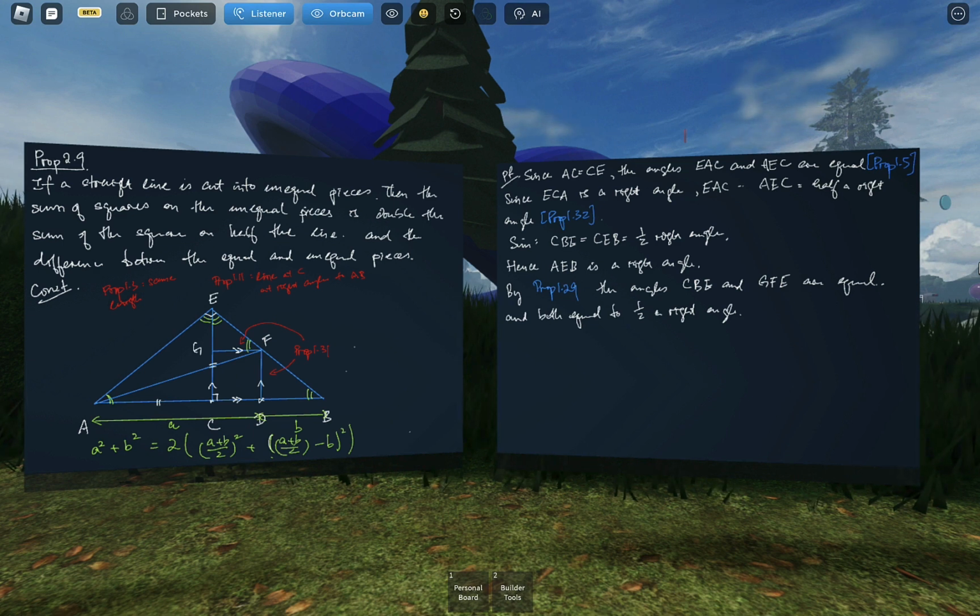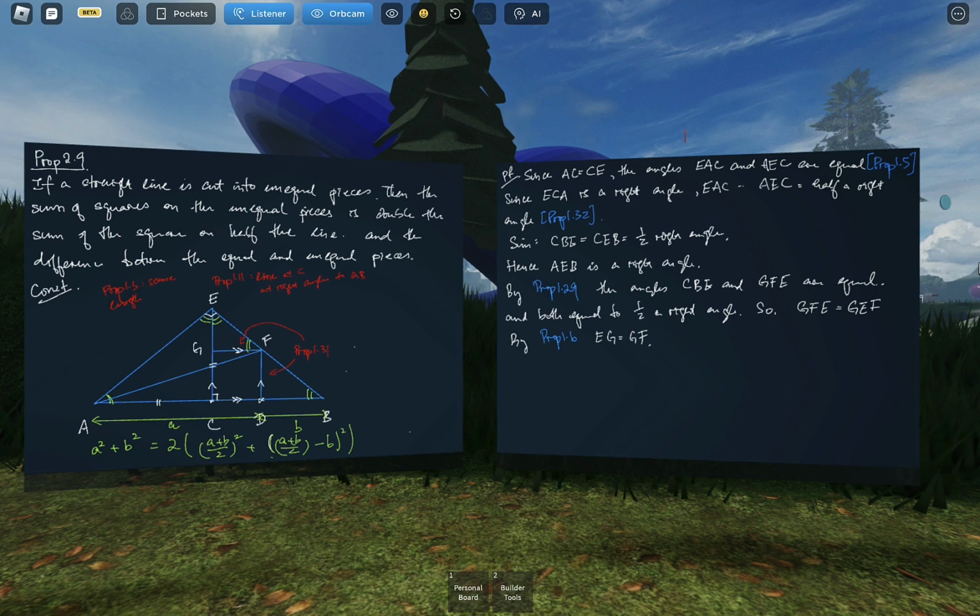And so this is angle GFE, is equal to GEF, right? And by proposition 1.6, EG is equal to GF.